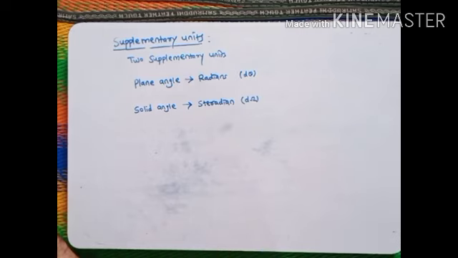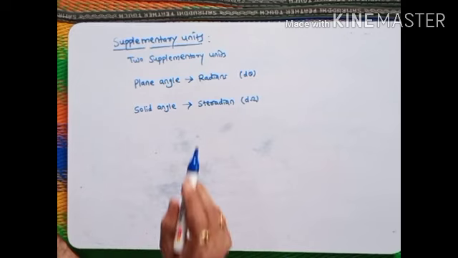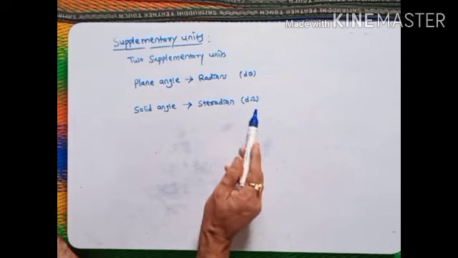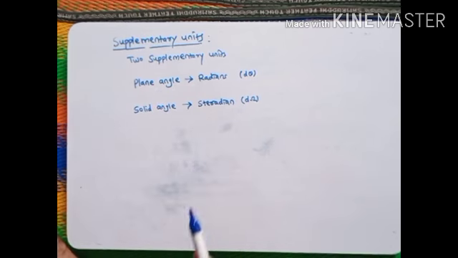We have seen the definition of derived units. We have derived some derived units from their formulas. We have seen supplementary quantities or supplementary units, that is plane angle measured in radians, and solid angle measured in steradian. I hope you all understand this.